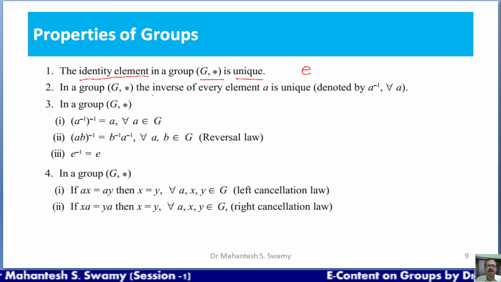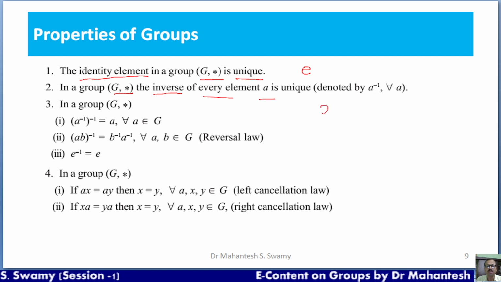And the inverse property we have seen: for every element of the group, the inverse exists, and the inverse of every element is unique. For example, you have the set of natural numbers. If 2 is the given number, its inverse under addition is, sorry, you don't consider the set of natural numbers because we don't have -2 there.